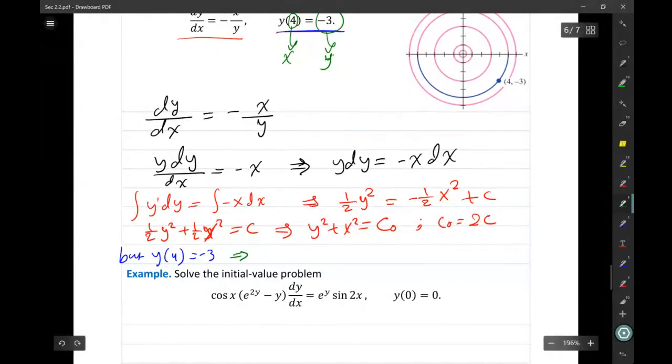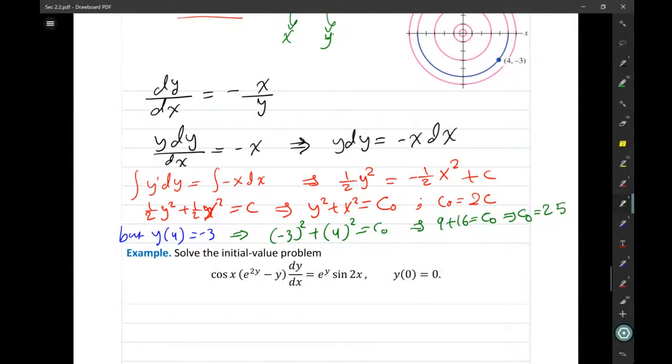This implies minus 3 square plus 4 square is equal to the constant c0. Minus 3 square gives me how much? 9. 9 plus 16 is equal to c0. That means c0 is equal to how much? 25.